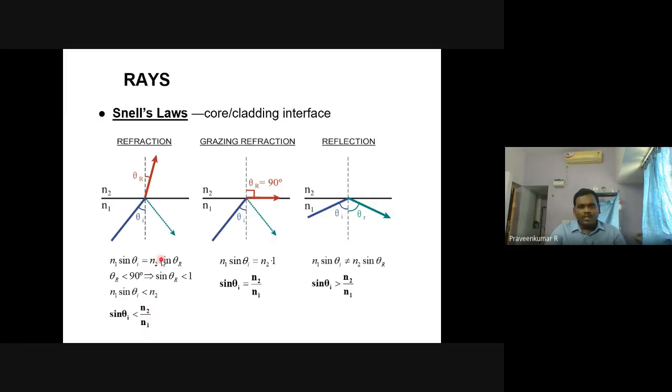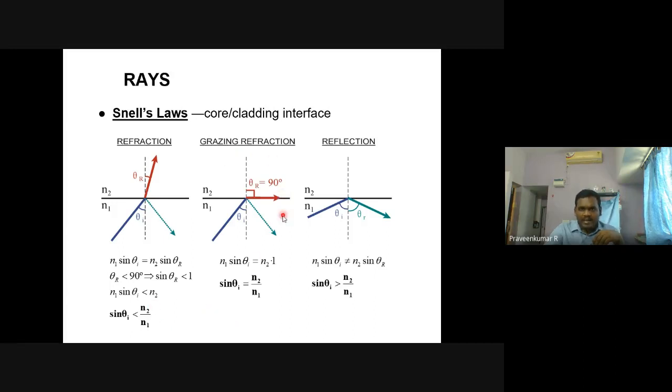From this you can analyze if you know any one of the values. Generally we know the incident angle theta i with respect to the normal line, and we know n1 and n2. Based on these three characteristics, sin theta i is less than or equal to n2 divided by n1. This is one thing.